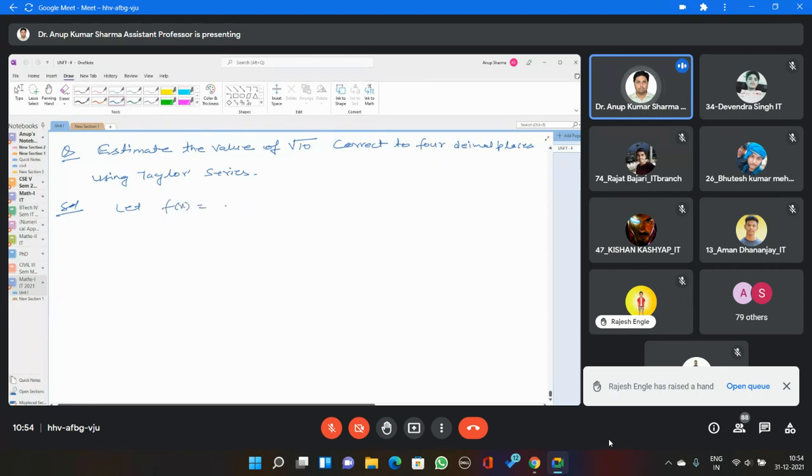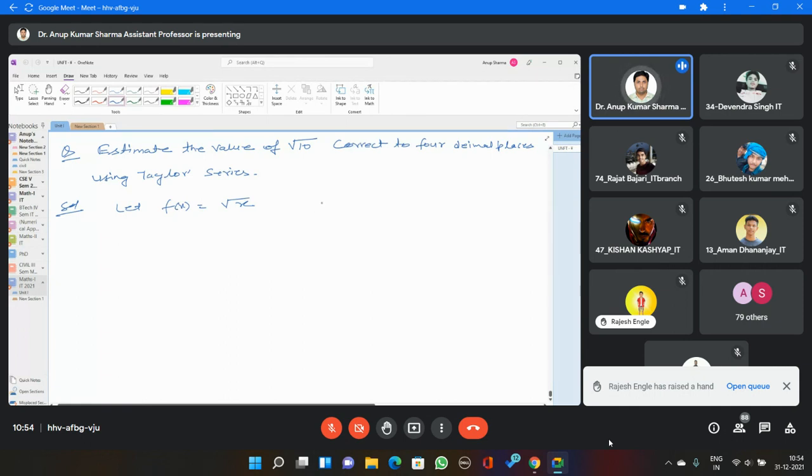Let f(x) is equal to root x. So what do you do in this case, by the Taylor series, we have to expand, and this expansion is about what?